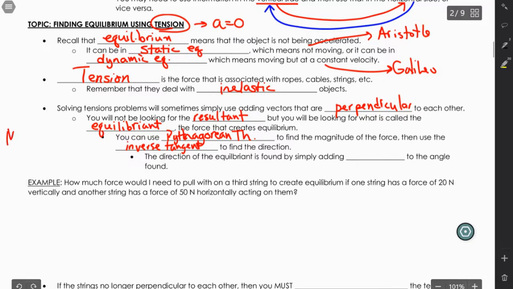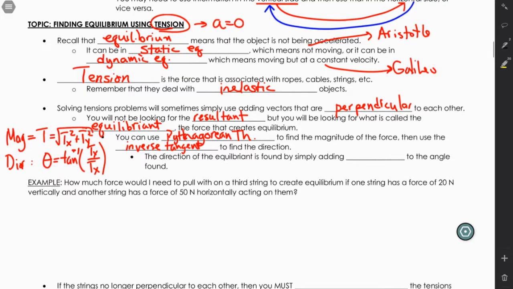To find the magnitude, you're going to use the Pythagorean theorem, and we'll call the components Ty and Tx. Then to find the direction, you're going to use the inverse tangent function. On your calculator, that's tan to the -1 of Ty over Tx. It's always y over x because we want the horizontal angle, not the vertical angle.